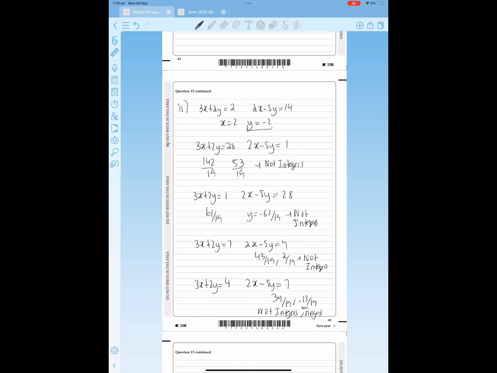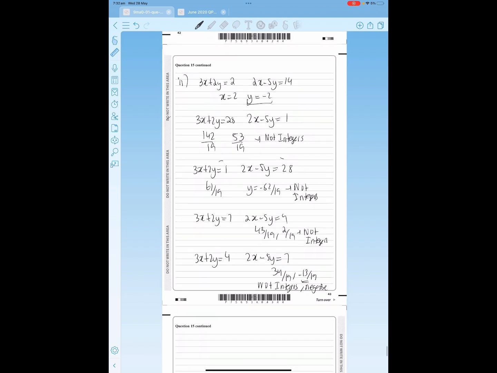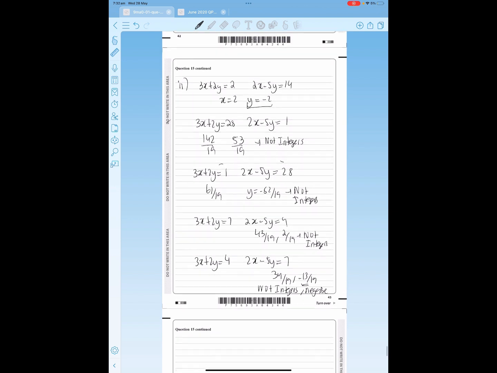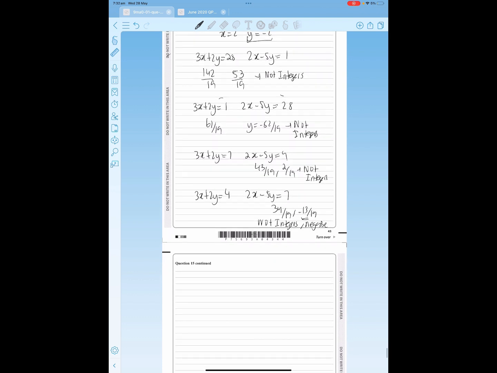Now, you can do the negative ones. So theoretically, you could negate this one and negate this one, and that would also give you 28. But I think in the mark scheme, it says that as long as you solve the different pairs, you don't necessarily need to solve the negative ones for all the marks. But you do need to write a conclusion.